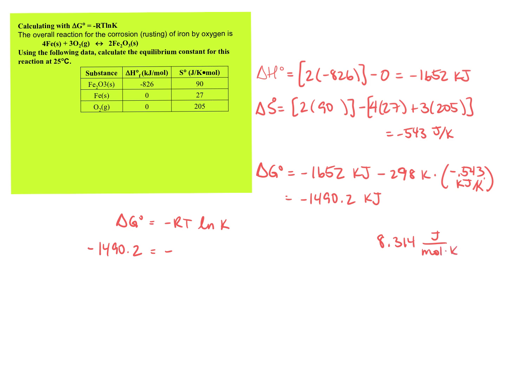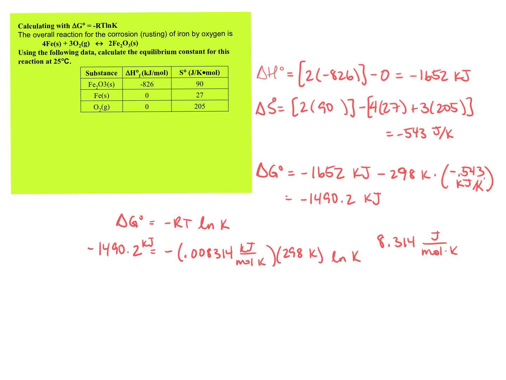But since we're dealing with kilojoules in this problem, we're going to change that to kilojoules as well, so negative 0.008314. Again, I'd like to put the units in here, kilojoules per mole Kelvin. I'm also going to put the kilojoules right here. The temperature being 298 Kelvin, and then ln K.